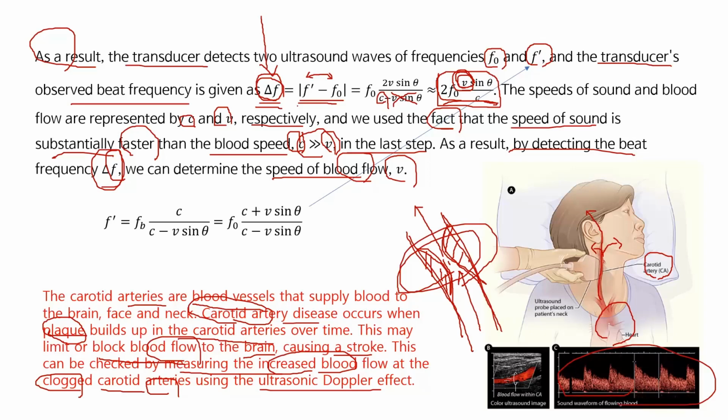We can see an abrupt increase of speed at a certain position. That means that there is some plaque formed at the wall of the arteries. So in this way, we can diagnose the disease of the carotid artery by using this Doppler mode of operation of the ultrasonic sound.